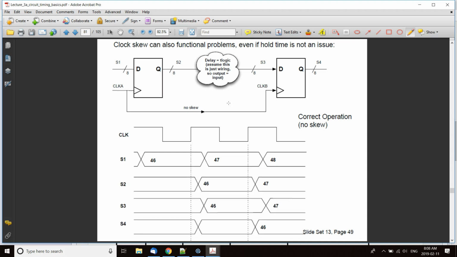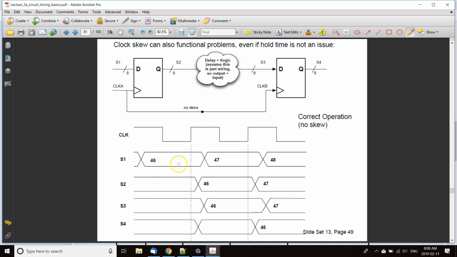Let's see what happens here. We have S1 going into the flip-flop coming out as S2, there's some logic here, and then we call this point S3 and this point S4.